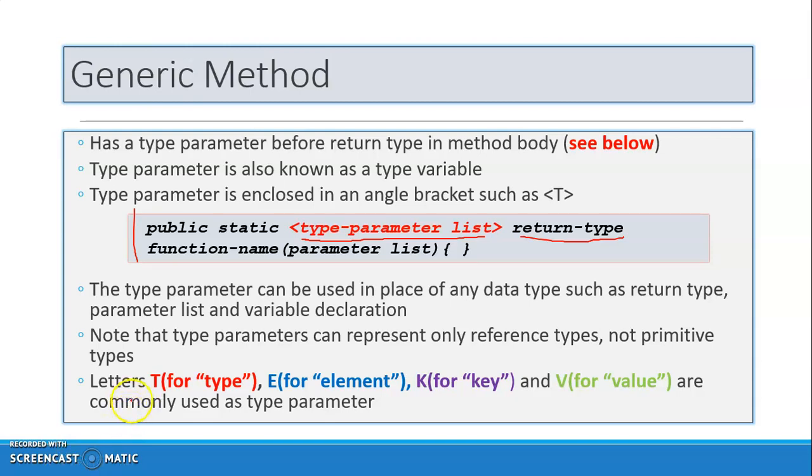Other letters can also be used, like E, K, and V. These are common letters. If you have two type parameters, you can have T and V separated by a comma. Make sure you include the brackets.